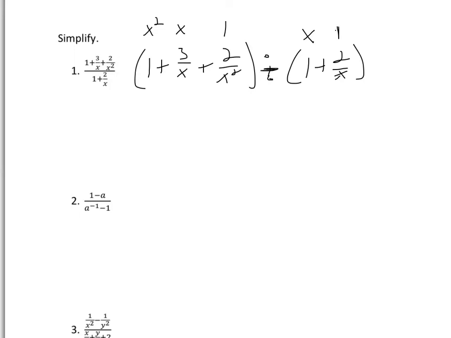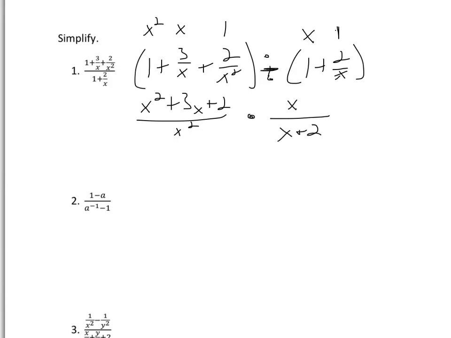This is section 5-6 stuff, so if you struggle with it, go back to that and work it out. Okay, so in the numerator here, we're going to have x squared plus 3x plus 2 all over x squared. And we're going to be multiplying that by the inverse of what we get over here. So the denominator would be x, so that's going to be our numerator. And on bottom, which would be the top normally, we have x plus 2.